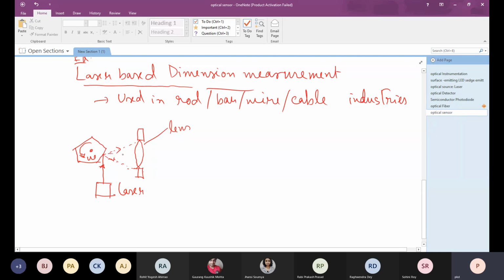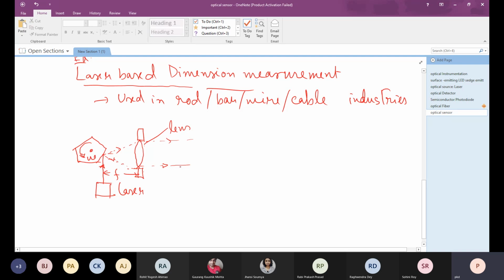So the focal point of this lens is here. Therefore this will make this diverging beam parallel. So the beam will be rotating from this side to this side. So this is a rotating beam moving parallelly. Now this beam will scan this surface.